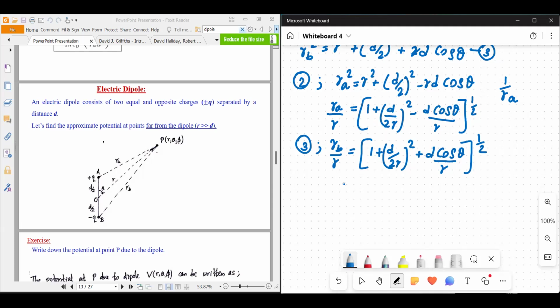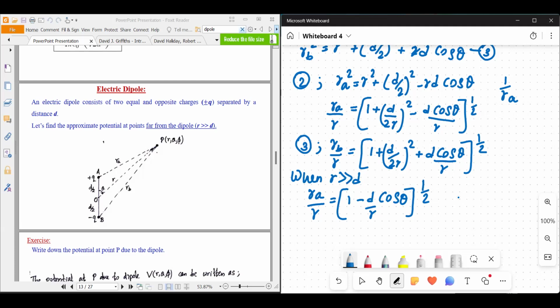Okay. Therefore, when we are considering R very large than D, we can write RA over R is equal to (1 minus D over R cos theta) to the power half.